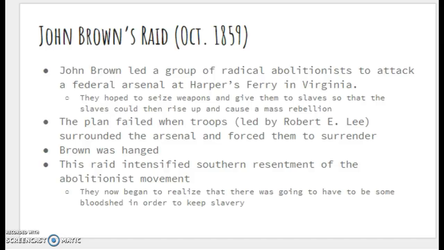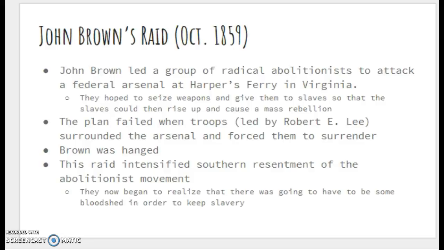They hoped to seize the weapons and give them to slaves so that the slaves could rise up and cause a mass rebellion. The plan failed, however, because under the leadership of Robert E. Lee, a group of troops surrounded that arsenal, or Harper's Ferry, and forced them to surrender. As a result, John Brown was actually hanged, and this raid intensified Southern resentment of the abolitionist movement.